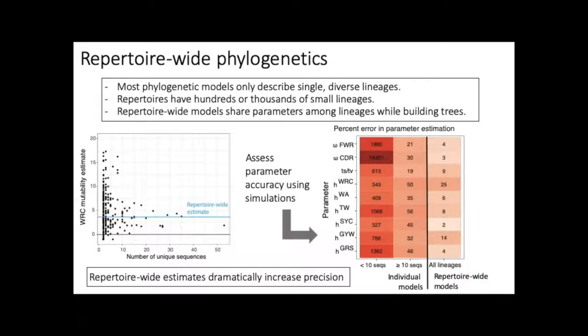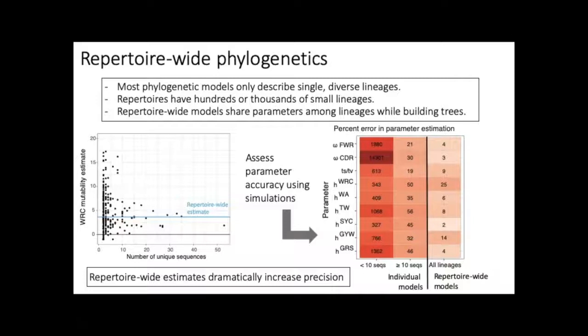This has several advantages. One of the clearest is it increases our precision in estimating these parameters. So if we look at WRC hotspot mutability estimates for individual lineages, which are shown in these black dots, within a repertoire we can see that there's quite a lot of variation, especially for smaller lineages. And if we look at our repertoire-wide estimate as this blue line, we can see that it represents a weighted average of the types of parameters that we see in the repertoire.